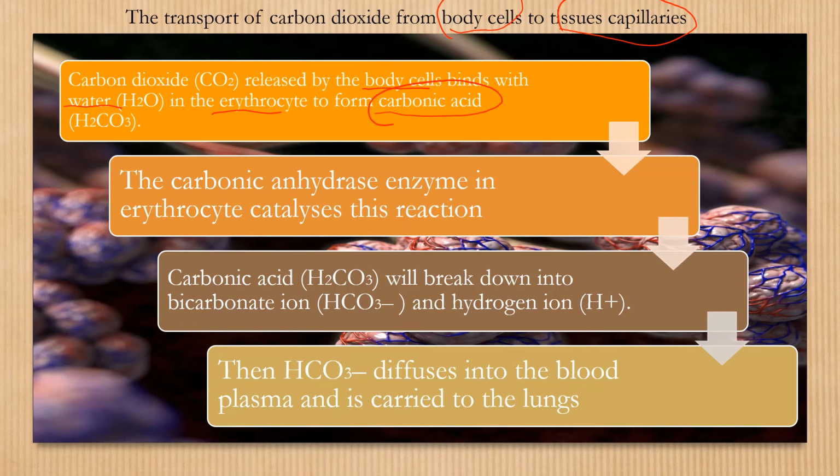There is an enzyme, carbonic anhydrase enzyme, in the erythrocyte that will catalyze this reaction. Carbonic acid then will break down into bicarbonate ion and hydrogen ion. The bicarbonate ion will diffuse into the blood plasma and is transported to the lung.